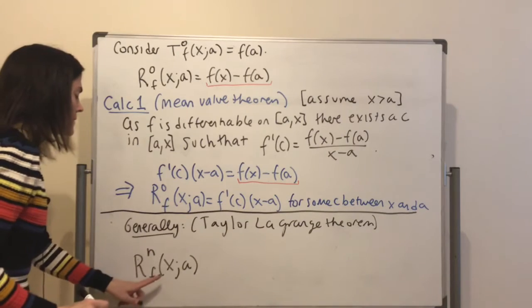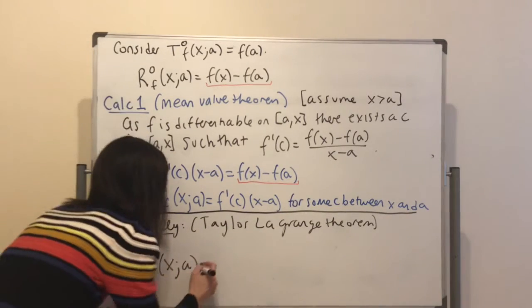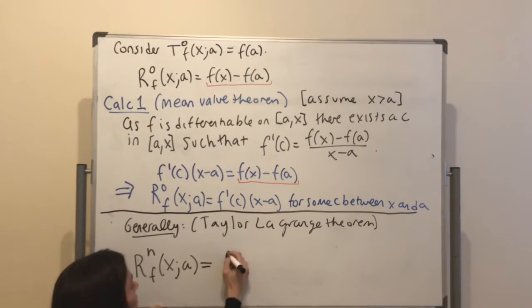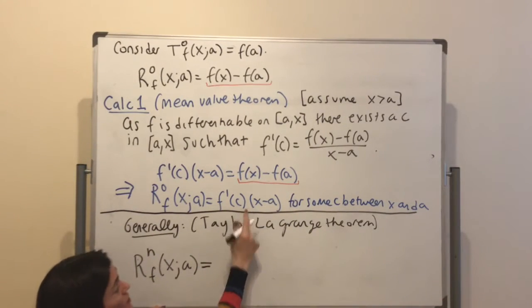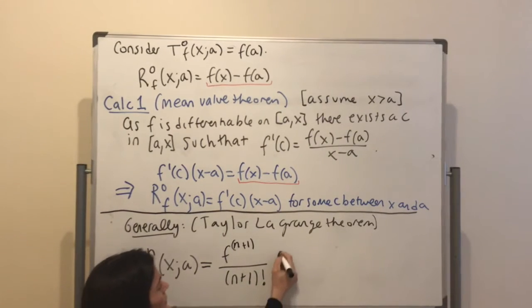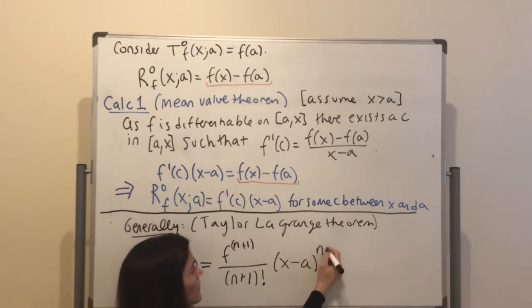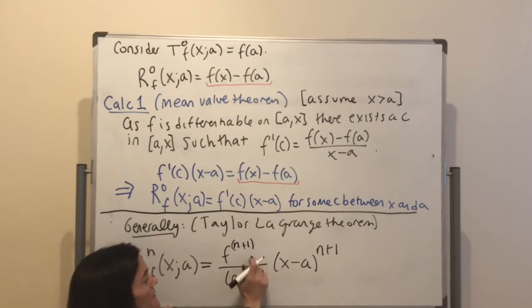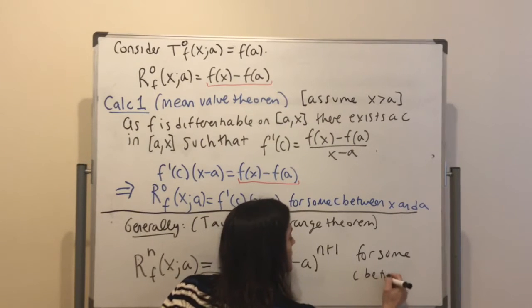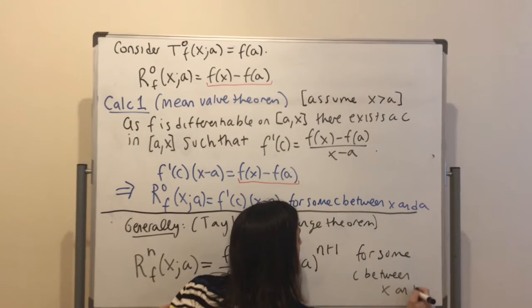This is the nth order remainder. Well, that this equals, it looks like the next term, except instead of, so this is what the next term would be, except evaluated at c. And this is for some c between x and a.